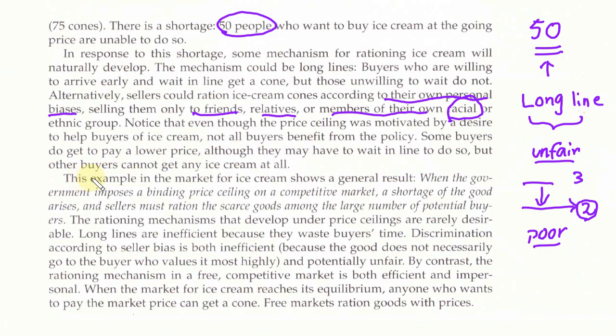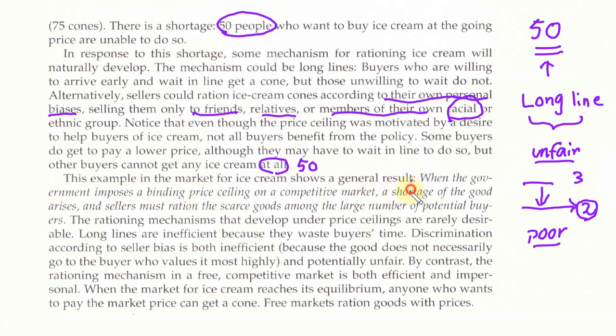But other buyers cannot get any ice cream at all, right? And because of the shortage, 50 shortage is obvious. So 50 people cannot buy, obviously.